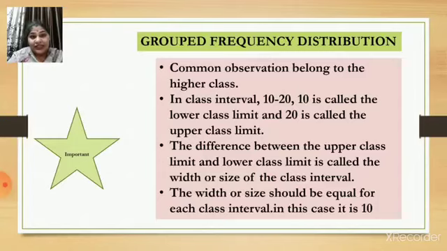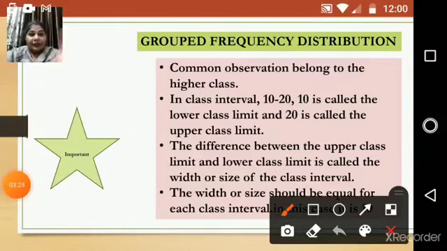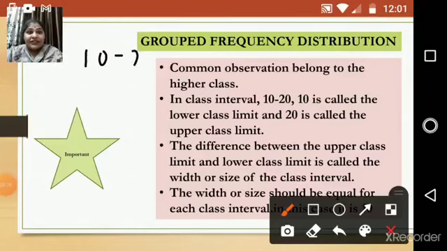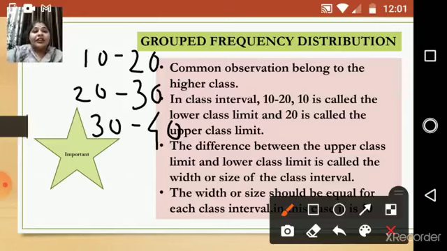Now the class intervals are 10 to 20, 20 to 30, 30 to 40, and so on. These are the classes, children. Now the first point says that common observations belong to the higher class.